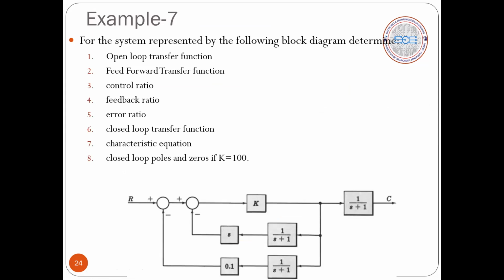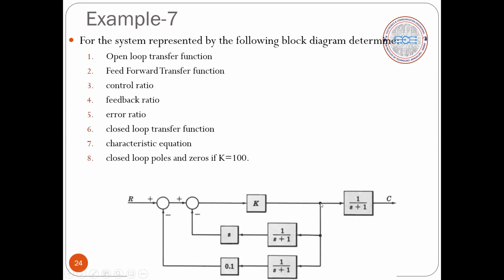So next example. Here also, one block diagram is given. You have to find the same parameters: open loop transfer function, feed forward transfer function, control ratio, feedback ratio, error ratio, closed loop transfer function, characteristic equation, closed loop poles and zeros if K is equal to 100. Look into the block diagram here. What is actually happening?